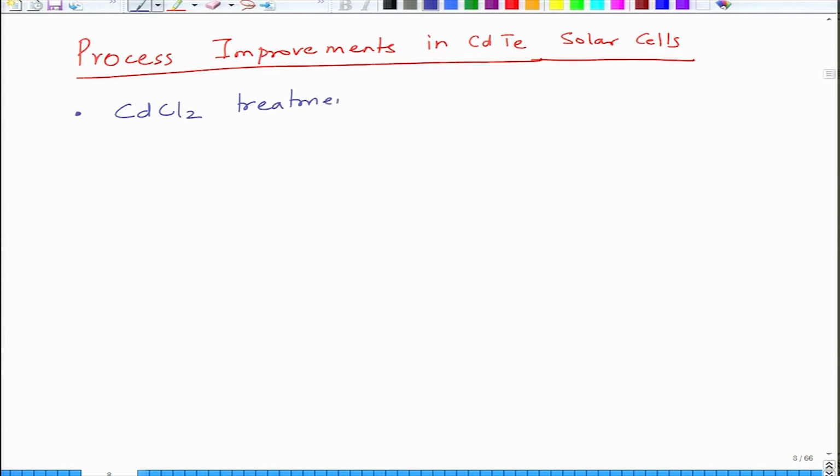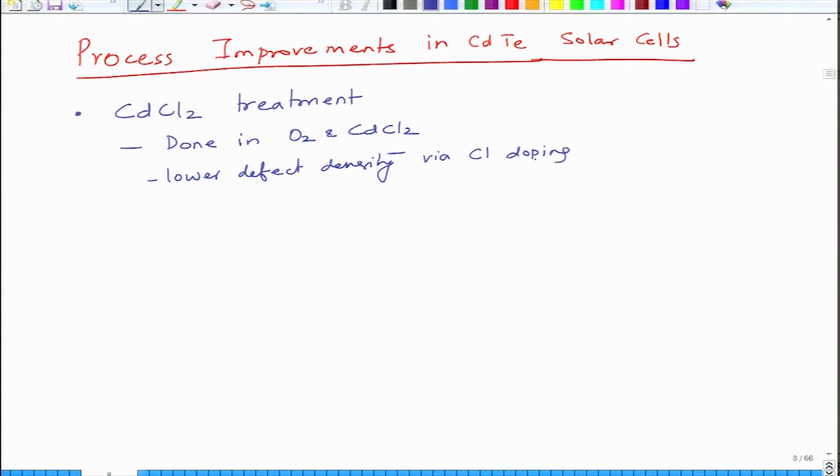This is generally done in oxygen and CdCl2 presence, okay, cadmium chloride, and this leads to lower defect density. So chlorine doping of films is useful. So basically you dope the chlorine in it. So lower defect density via chlorine doping after CdCl2 treatment.